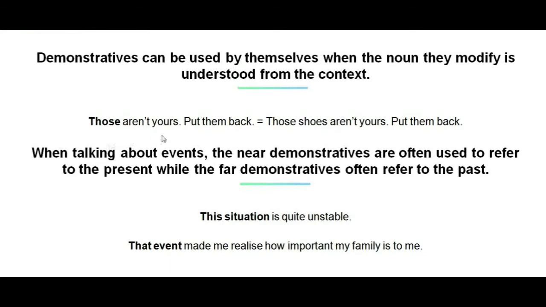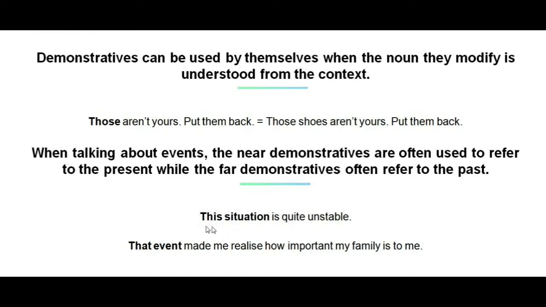Now, when talking about events, the near demonstratives are often used to refer to the present, while the far demonstratives often refer to the past. Have a look at the sentences below. This situation is quite unstable.